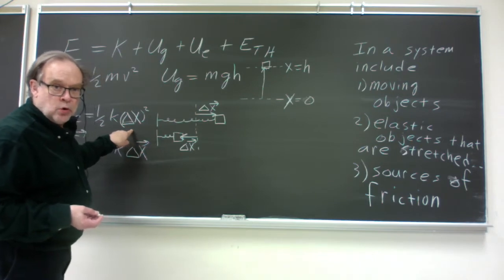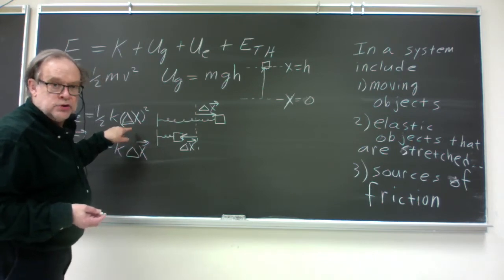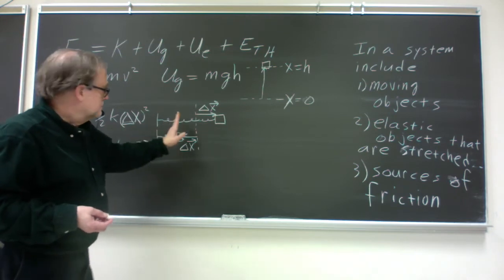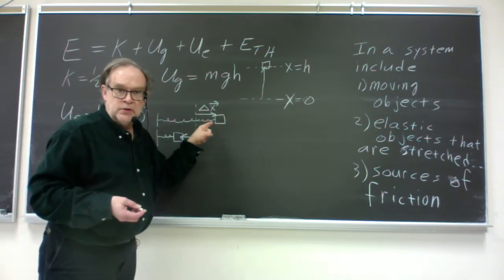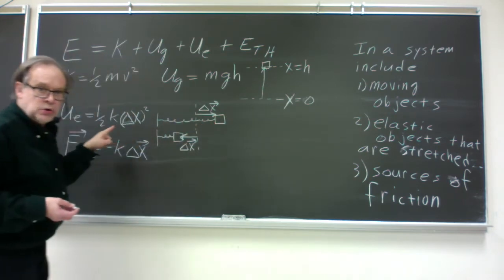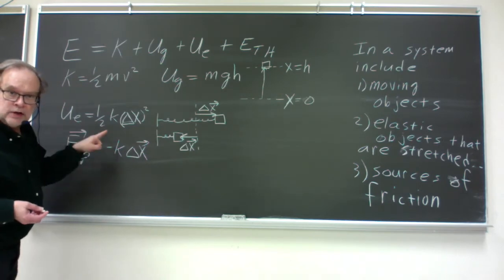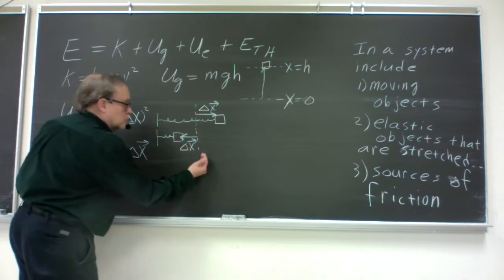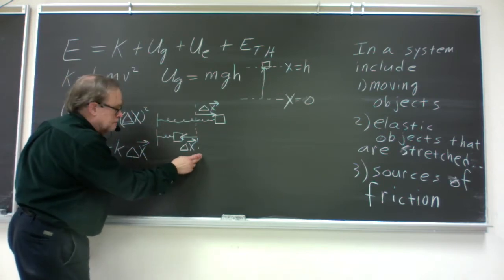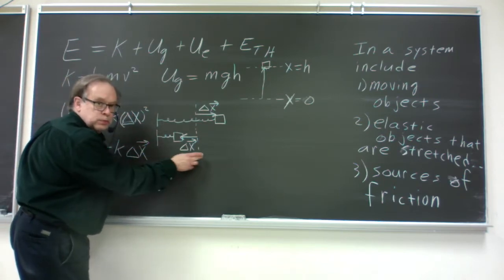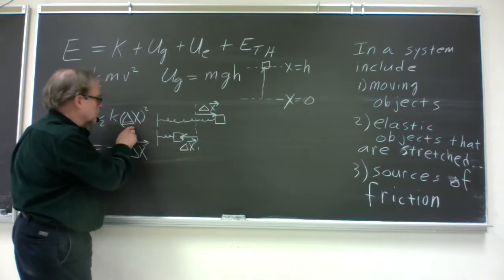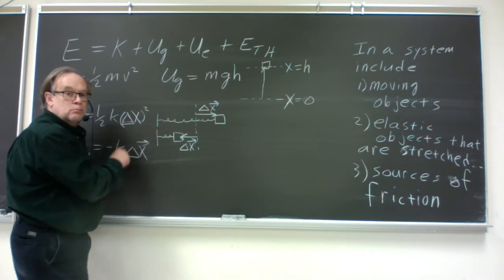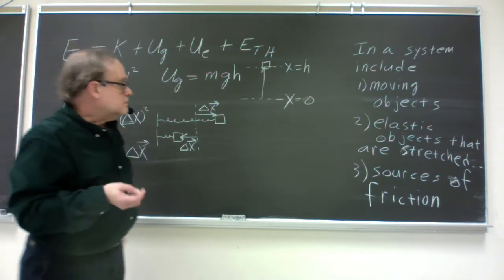So the more you stretch the spring, the greater the displacement of the movable end, so the more energy you're giving to the spring. And likewise, the more you push the spring, the more you're displacing the free end of the spring away from equilibrium. So again, you're giving it more energy in that case.